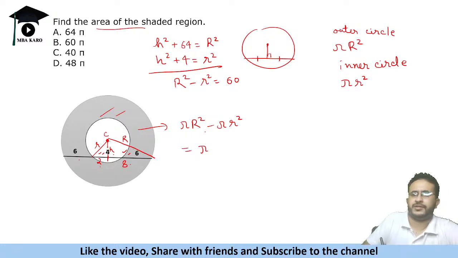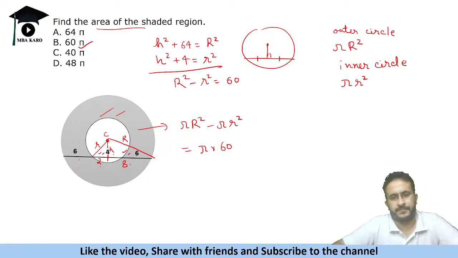So pi common, R square minus r square is 60. So you will get 60 pi as the area. Okay, so you can find this using this thing. Okay, so that is the area of this shaded region.